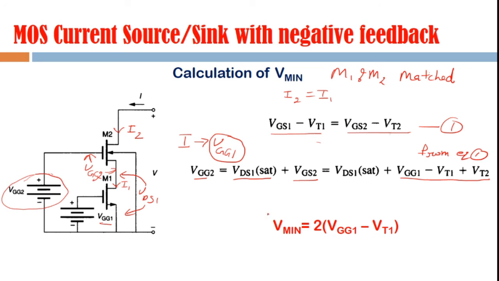So from this equation you can see that definitely V minimum has increased if we are using this feedback here. But we know the circuit is offering us a very high value of output resistance. So that's why we prefer it.